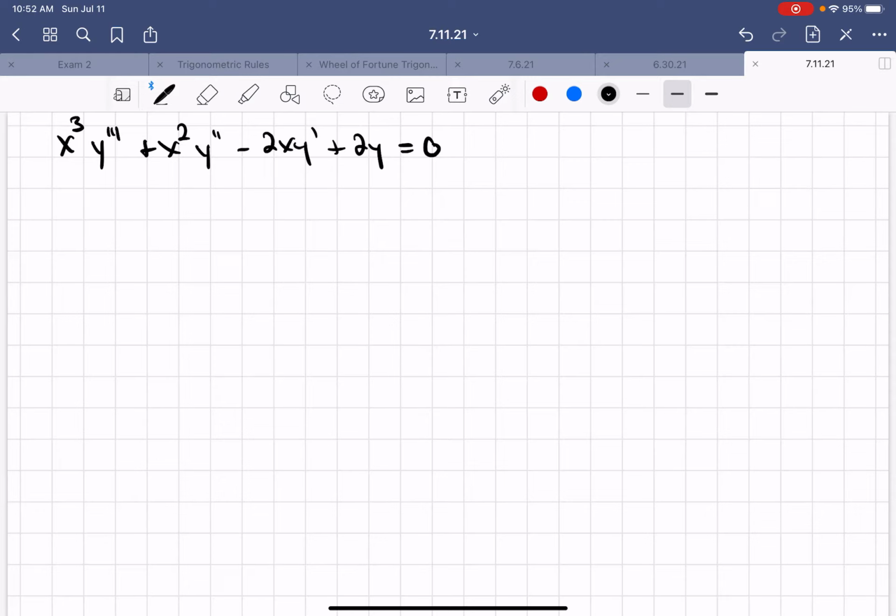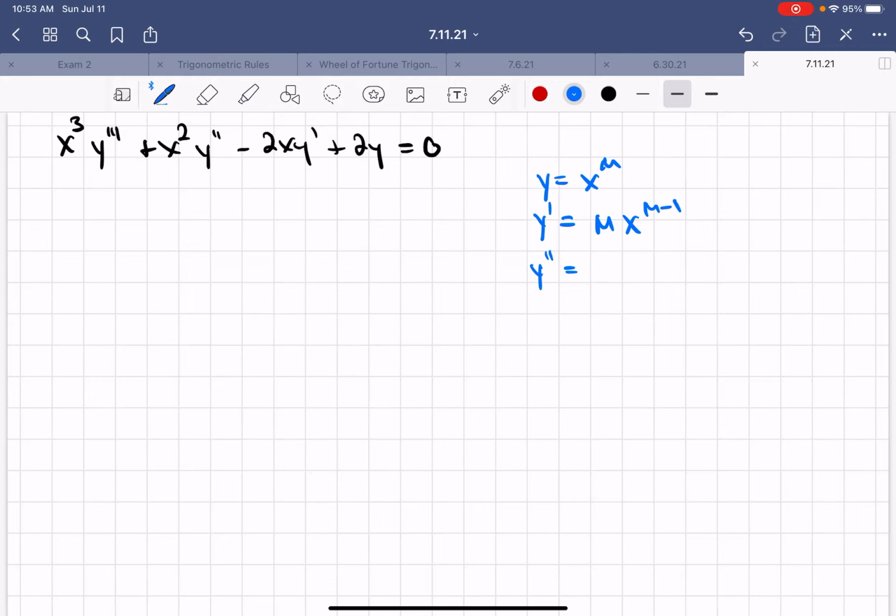Now generally when you see differential equations that have an x squared or an x cubed or something like that, what we can do is let y equal x to the m, and then taking the derivative of y, we can say m x to the m minus 1, and then taking the second derivative.